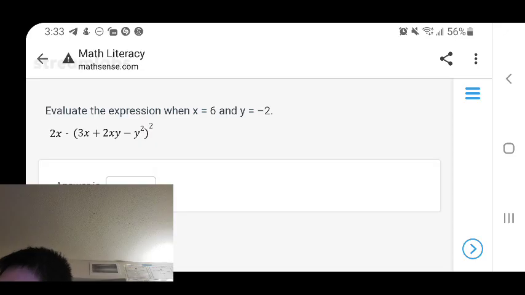So that's like negative 6. 18 minus 24. Yeah, 18. Negative 6. And then this tricky part here, minus y squared, and it's negative 2.